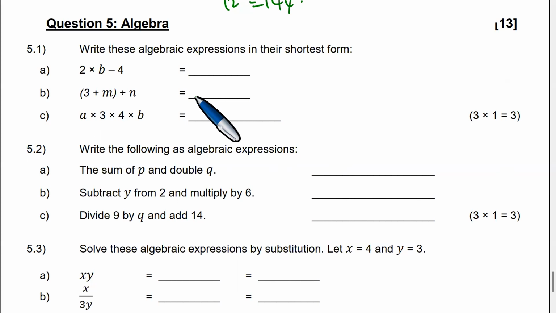So we haven't done this type of work yet. No, sir. What is 2 times B? Like if somebody says what is 2 times Y? 2 times Y is 2Y. 2 times B is 2B. The answer is 2B minus 4. Okay, so now let's look at 5.1B.